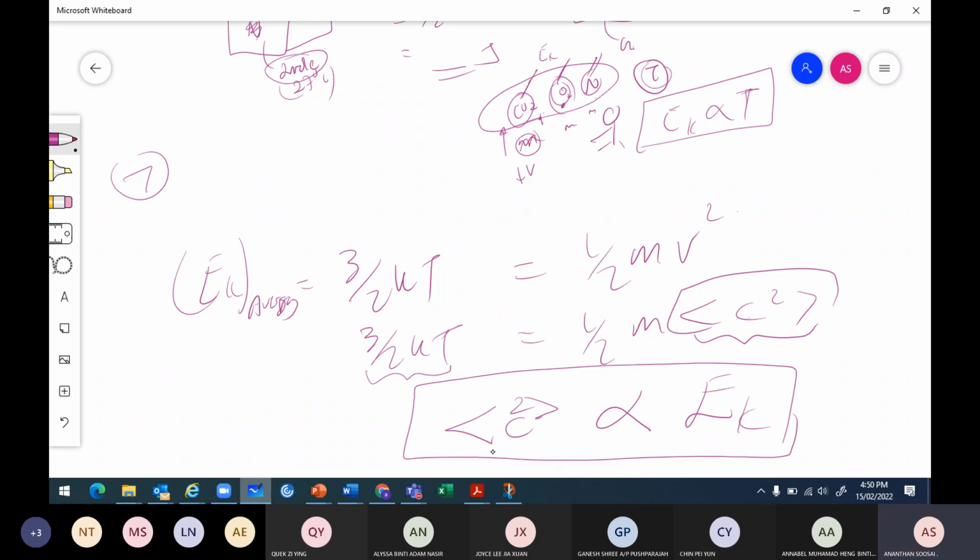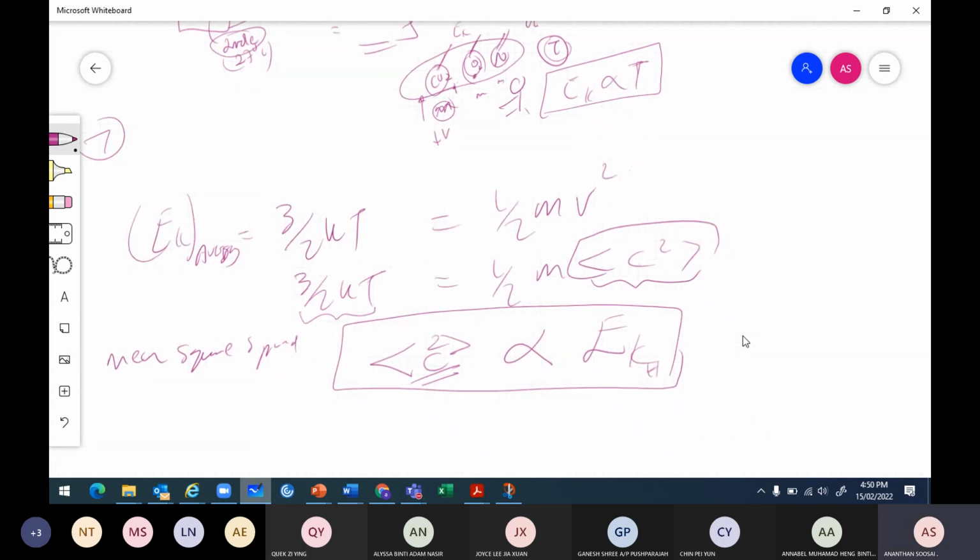The mean square speed. So a particle which has a greater mass will have a smaller mean square speed. They will possess the same kinetic energy at the same temperature.